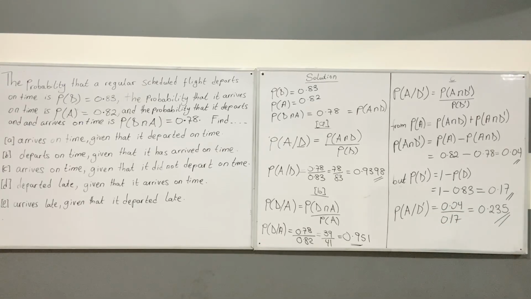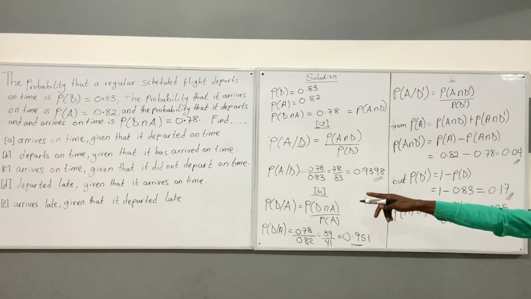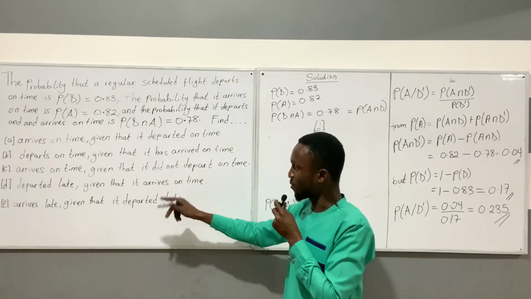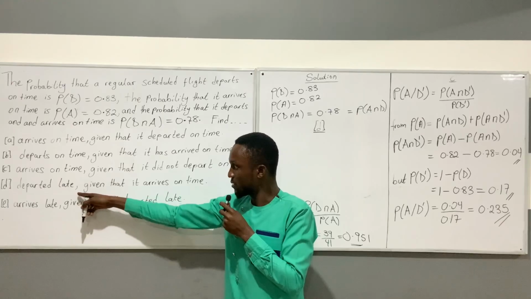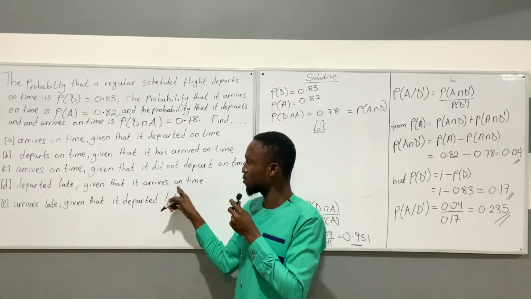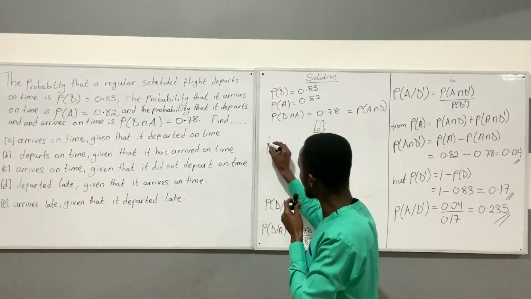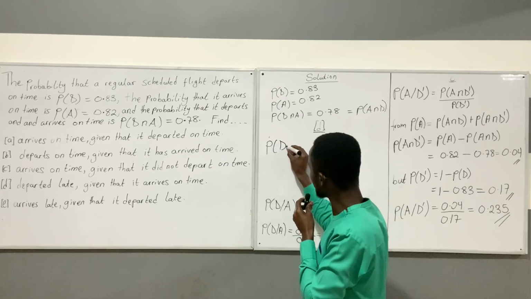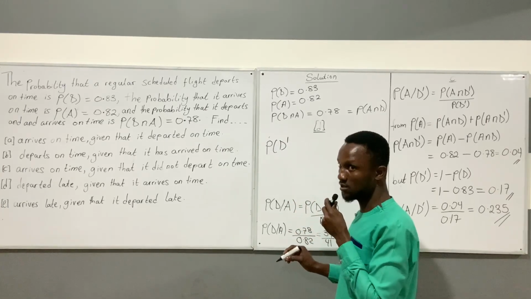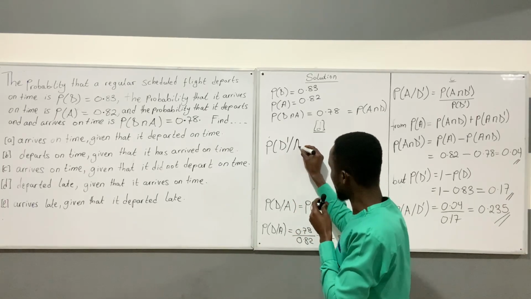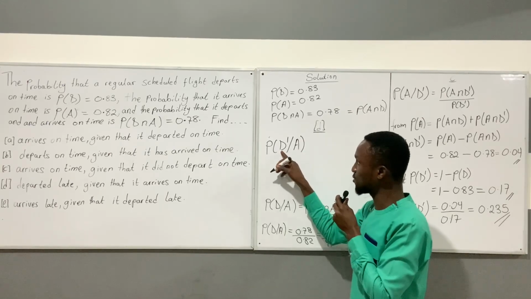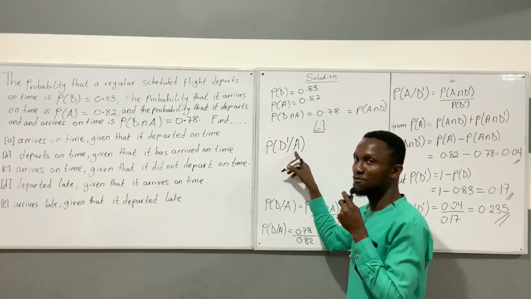All right, so now let's move on to the D. It says that find the probability that it departed late given that it arrives on time. So we are looking for P that it departed late, you see, given that it arrives on time. So probability of D complement given what?